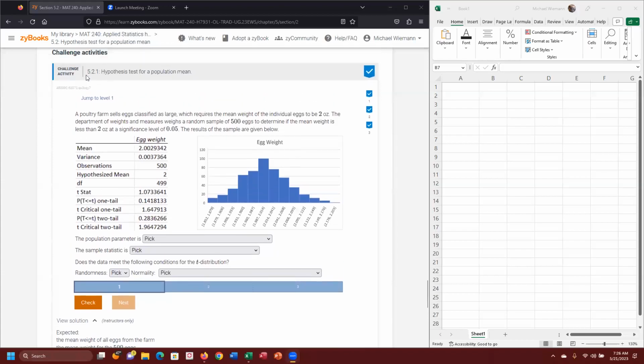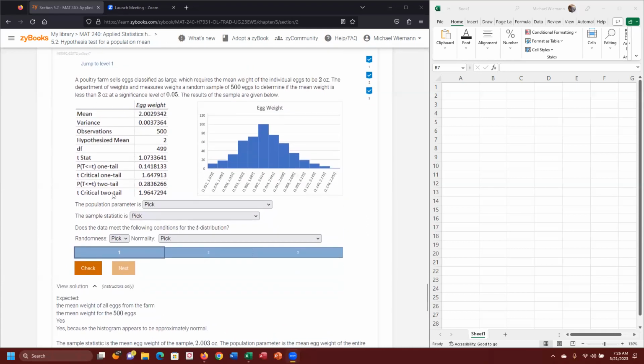Going on to the next exercise, challenge activity 5.2.1, hypothesis test for a population mean. Again, they've already done all the calculations, so we're going to utilize this. This looks similar or approximately normal in terms of the weight. So we're going to use that later on when we do the respective calculations. The population parameter is based off of all of the eggs off the farm.